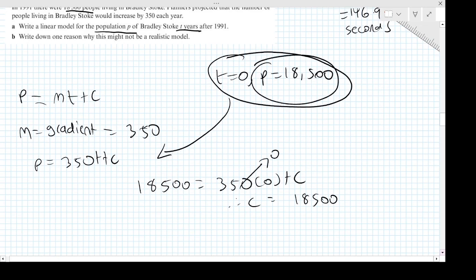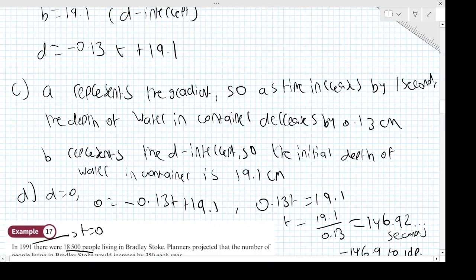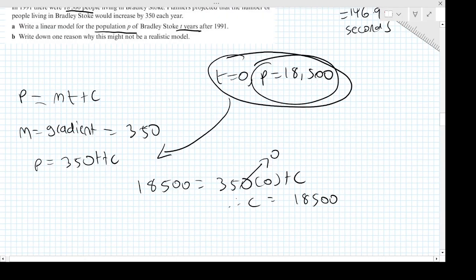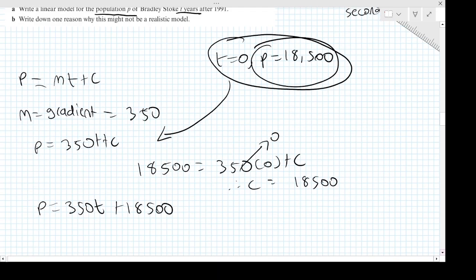This initial value when t is 0, that is the p-intercept, right? And we discussed that in the last question, where b, the y-intercept, was the initial depth. So it's all to do with the initial value when time is 0. Anyway, so we've got a c then. Therefore, p is 350t plus 18,500. There we are. So that is now the linear model to represent that.